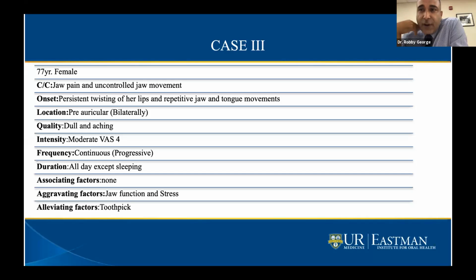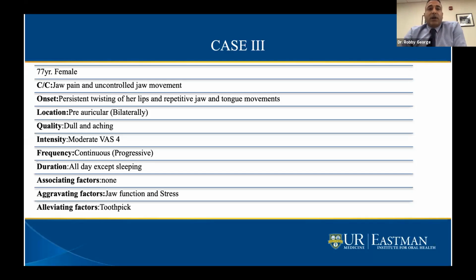For example, cervicogenic headache, right? C1 to C3 is a peripheral nerve, but when it goes in, the patient says, doc, I have a headache, while the source of the pain is in a different area. So I just wanted to explain that. Hope I answered some of that.